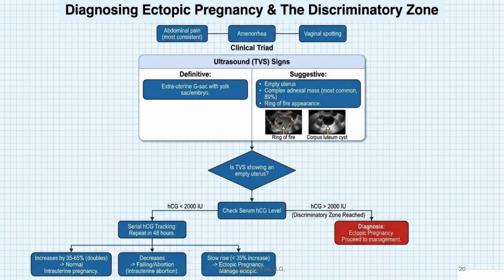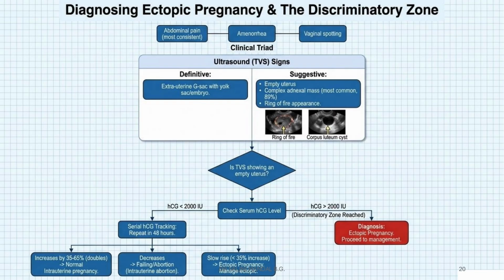Apart from that, what exactly are we going to do? We are going to find out the signs and symptoms. Symptom-wise, there is a triad for ectopic pregnancy: abdominal pain, most consistent, amenorrhea, and vaginal spotting. These are the three important symptoms, or triad, which we are going to get. But apart from that, go in for a transvaginal sonography, and we are going to see an extrauterine gestational sac with a yolk sac or an embryo in the fallopian tube or wherever it is.